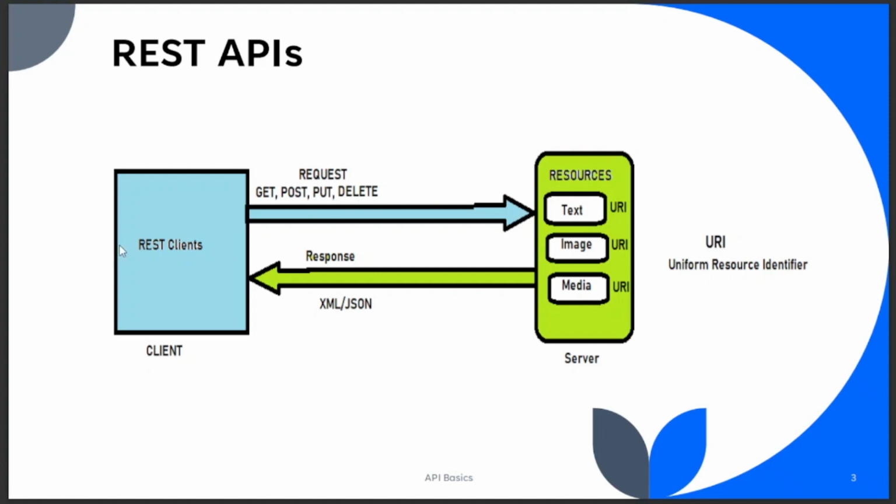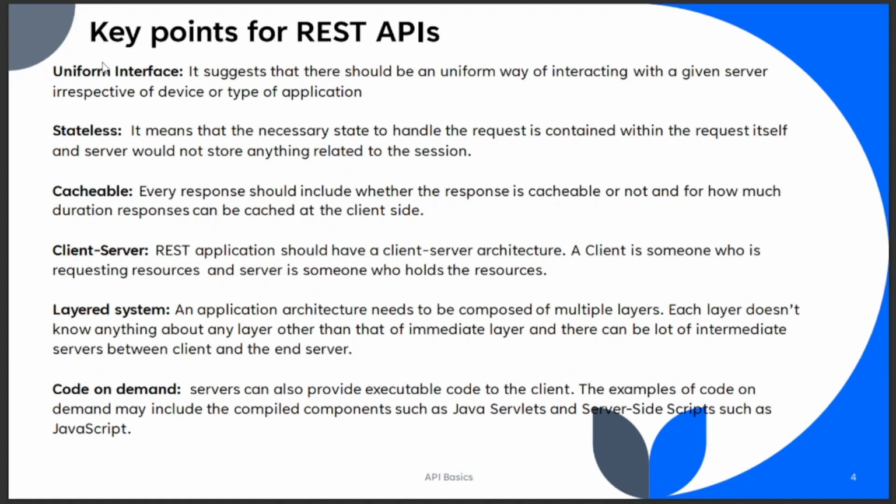So that is called intermediate layers. These are the few more things you need to understand: uniform interface, statelessness, cacheable, client-server architecture, and layered system. And code on demand. Code on demand means the server can also provide executable code to the client. That could be Java servlets or server-side scripts sent to the client on demand.